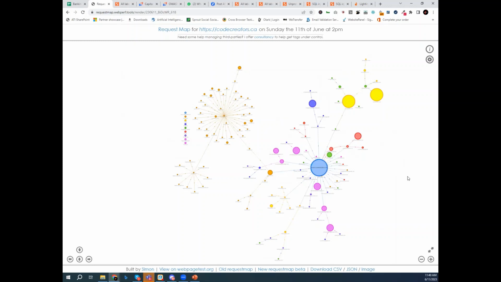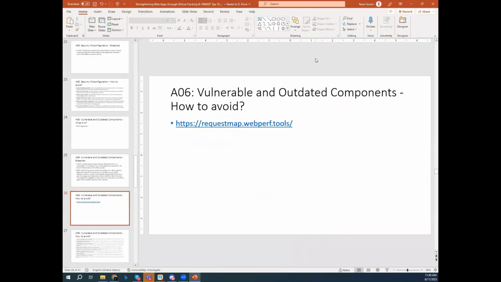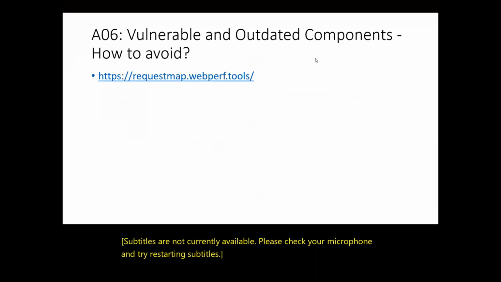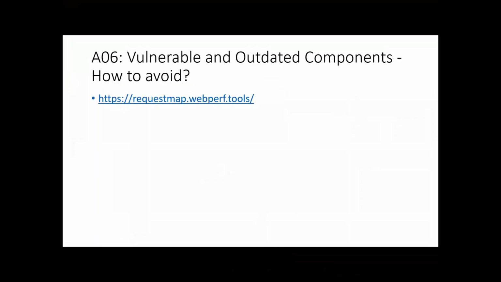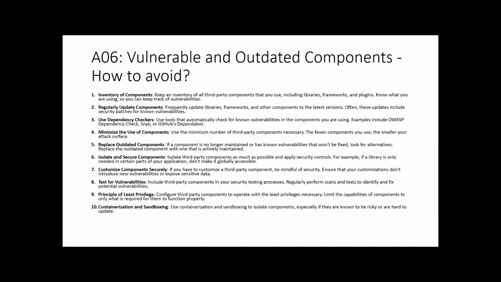This is a simple example. When you use components, it is very important to know what kind of components your website is using, and that those components are not outdated. At the same time, if those components are using other components, you should also take measures to check those as well. So to avoid this specific vulnerability, we are at number 6 and we only have 4 left.